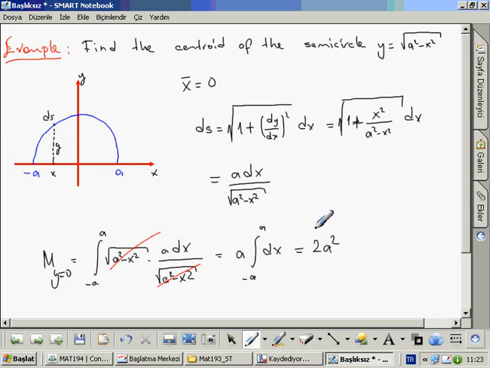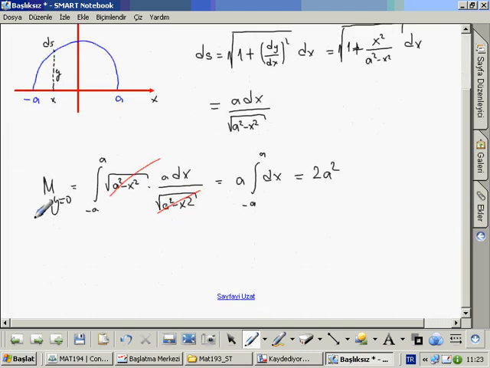The length of the circle is 2 pi a, and the length of the semicircle will be pi a.